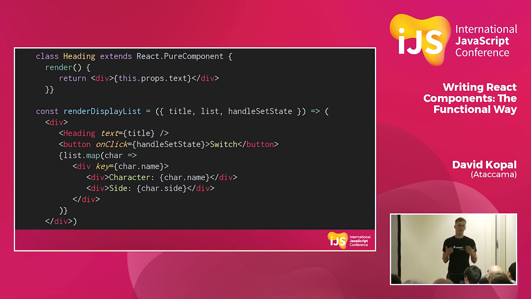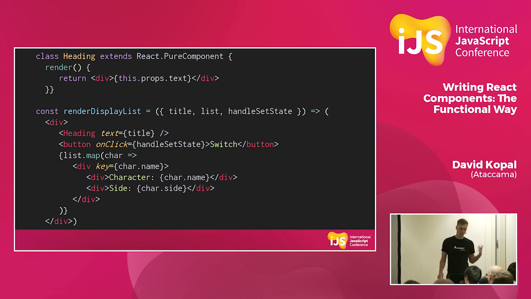And this code works just like that because we extended our heading component by React.PureComponent, and we have a shouldComponentUpdate method under the hood. So whenever the render display list component renders, the shouldComponentUpdate inside the heading component is called, and the previous title prop and current title prop are compared, and because they are still the same, it never re-renders.